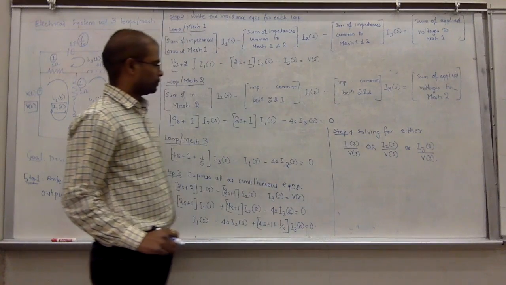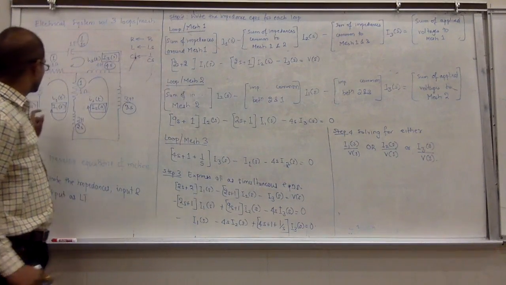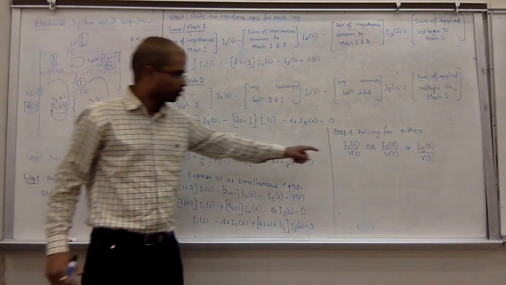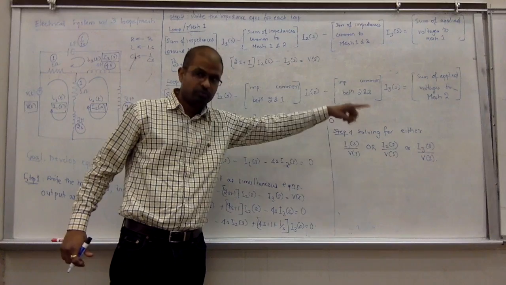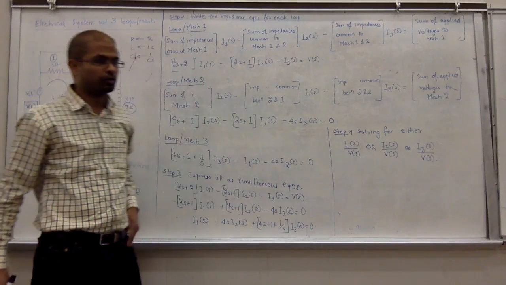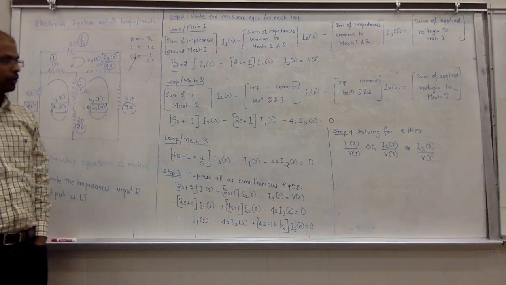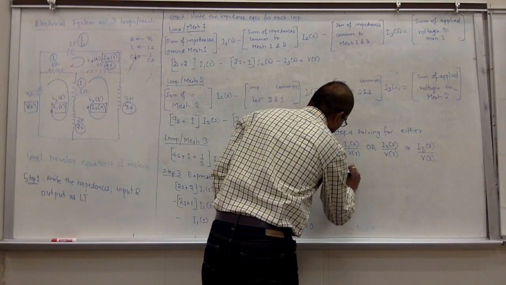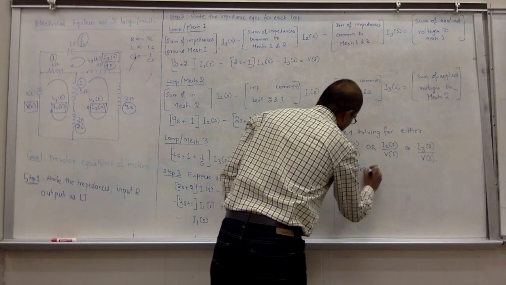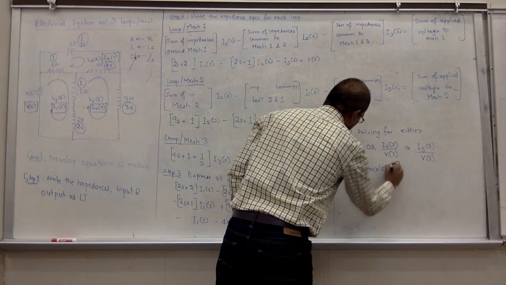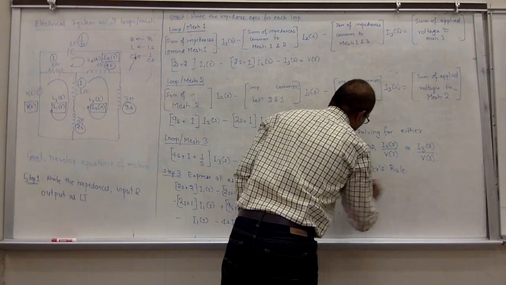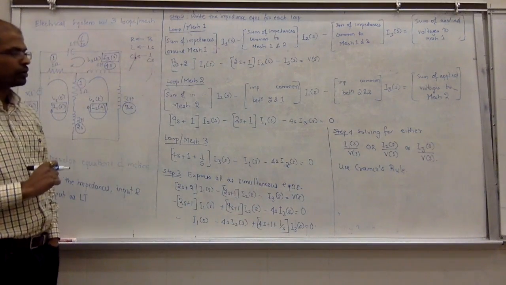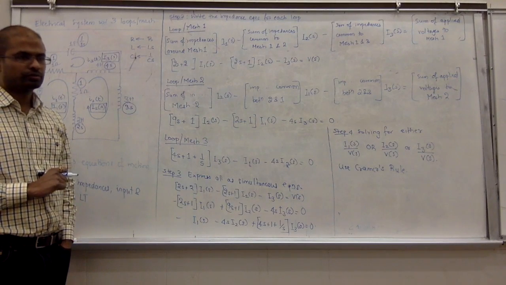There's only one input, but you're potentially interested in these 3 outputs, I1, I2, I3. How do you solve this? You can use Cramer's rule, or if you want, you can just solve them as simultaneous equations.